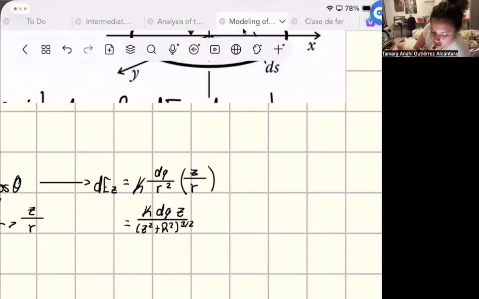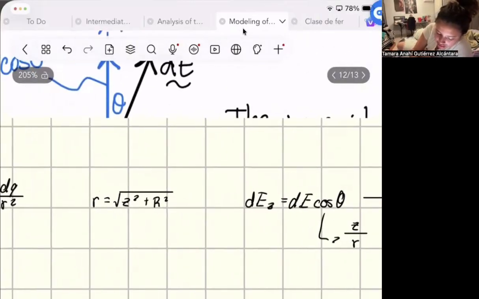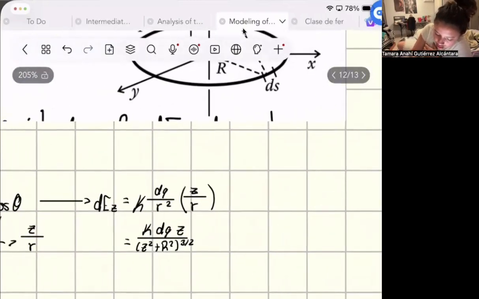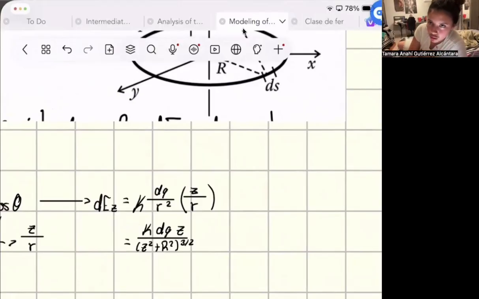Why? Because here we have a square root, and in power terms it's written as 3 over 2.